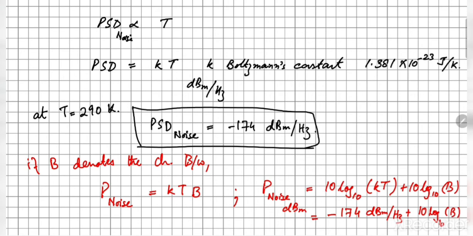So if we have, for instance, a bandwidth of 1 kilohertz, that would lead to this quantity being 30, and that would mean that the total noise power that will be coming in to this 1 kilohertz of bandwidth will be minus 144 dBm. Similarly, if the bandwidth is 1 megahertz, it will be minus 114 dBm of noise power.